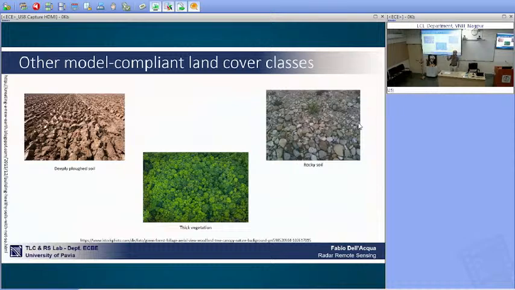Where does this information end up? Okay, so I start from a different situation, and I want to identify the situation. So where does this information, the fact that this is soil and this is vegetation, where does it end up? It ends up here.